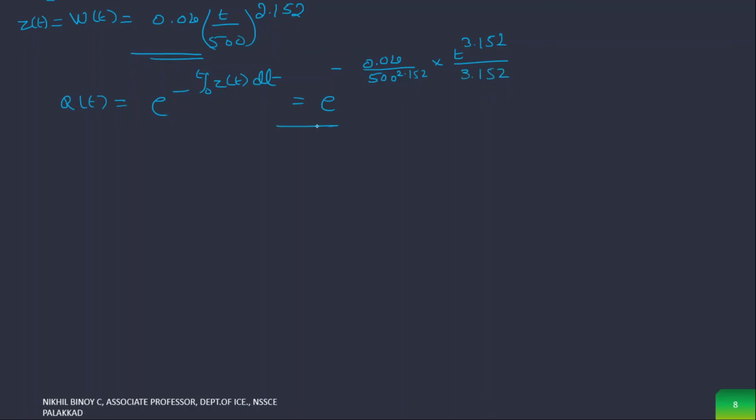So R of t is equal to e raised to minus [0.04 divided by 500 raised to 2.152 into t raised to 3.152 divided by 3.152].